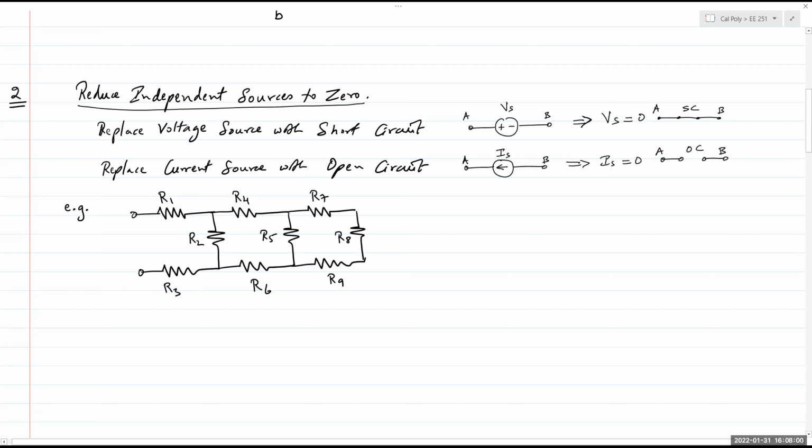So we take our circuits. Wherever you see a voltage source, you replace it with a short. Wherever you see a current source, you replace it with an open. Replacing it with an open simply means you remove it from the circuit. That's all it means. So then you rearrange or redraw the circuit diagrams to reflect the change in the sources.